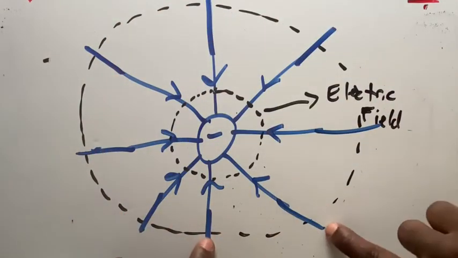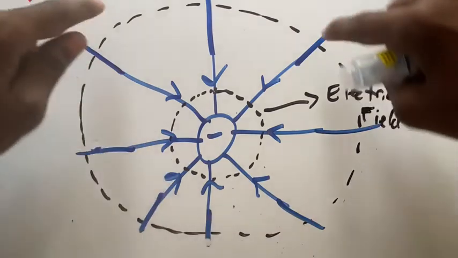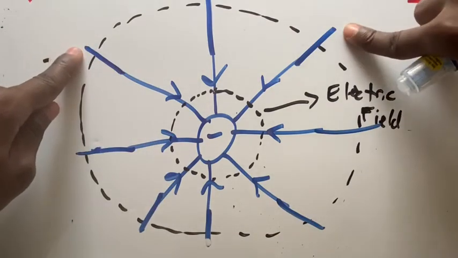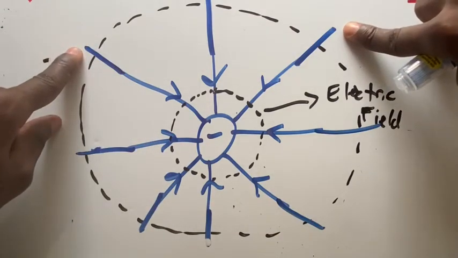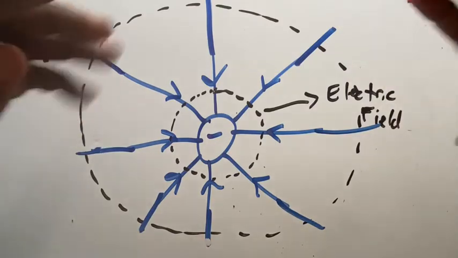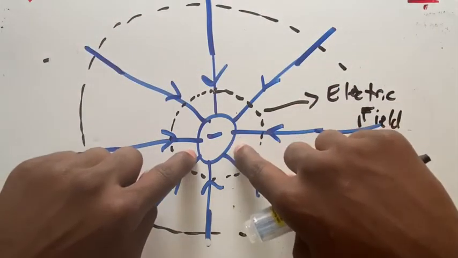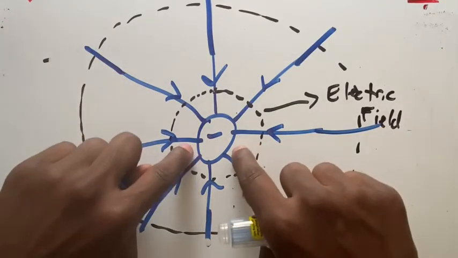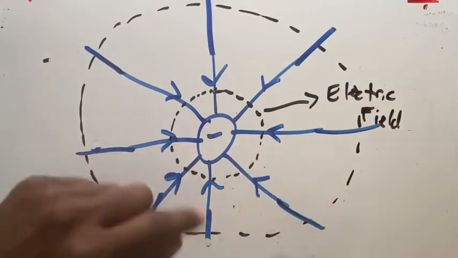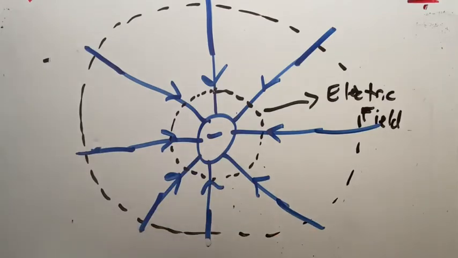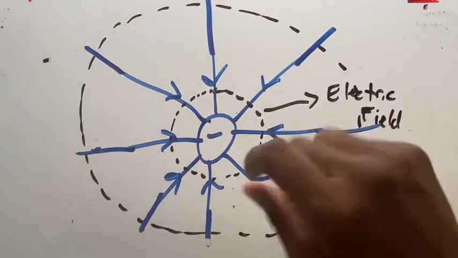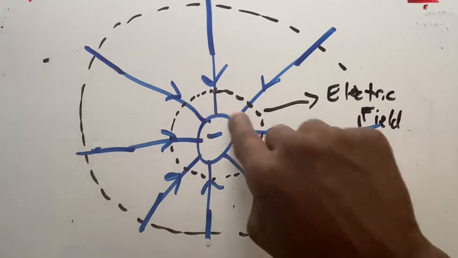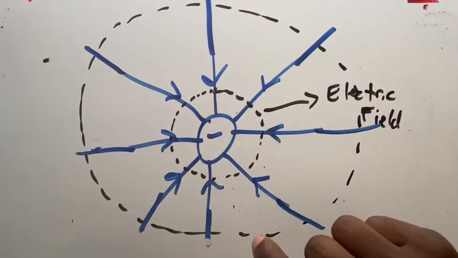So since the spacings are bigger out here, that means the electric field is going to be weaker. All right, so that makes sense. The further you get away from this source, the less the electric field is going to be. The closer you get to this source, the greater the electric field is going to be. And that basically just depends on how close the electric field lines are to each other.